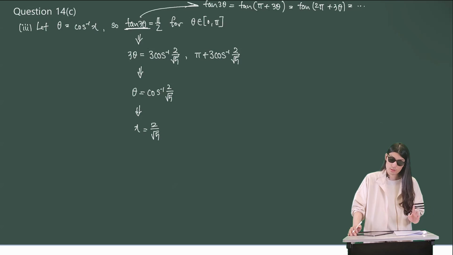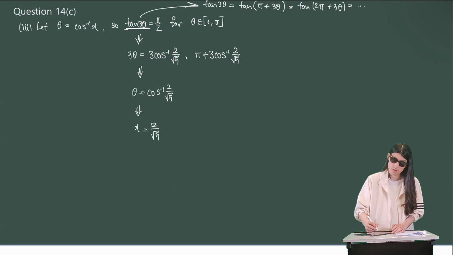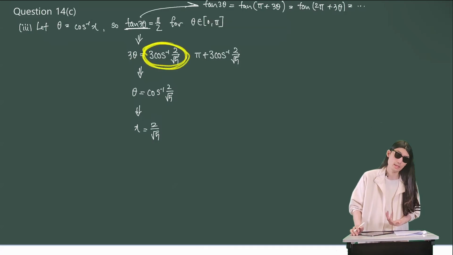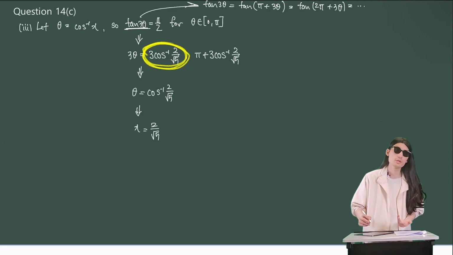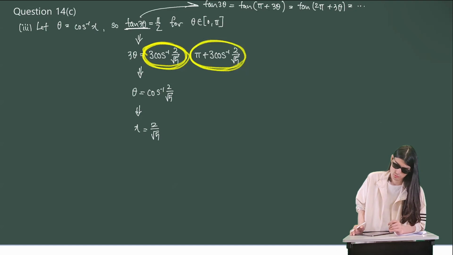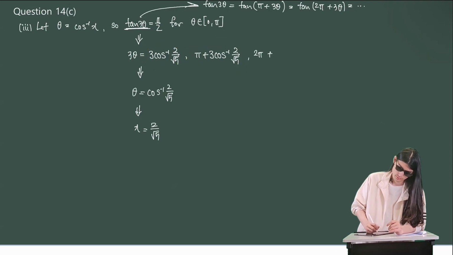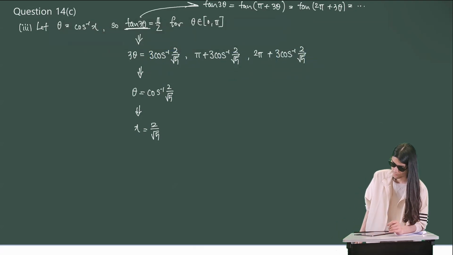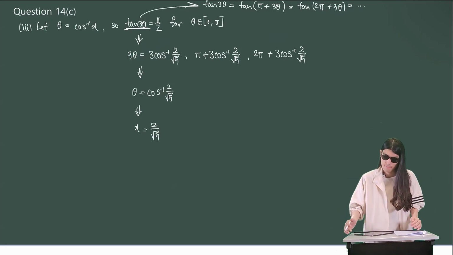So in other words, if the tangent ratio of this value is equal to 11 on 2, well, the tan ratio of pi plus that will also be equal to 11 on 2. And of course, so will 2 pi plus that.